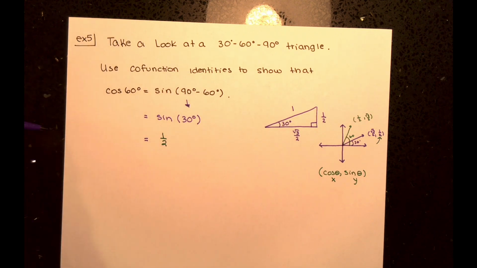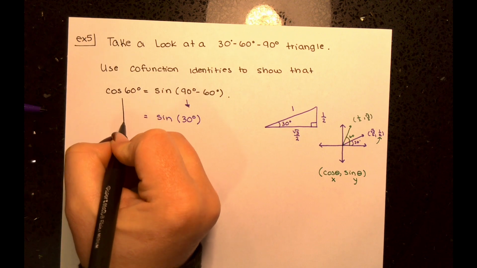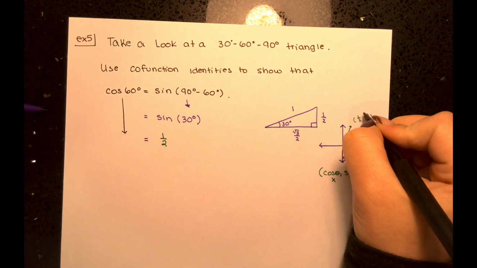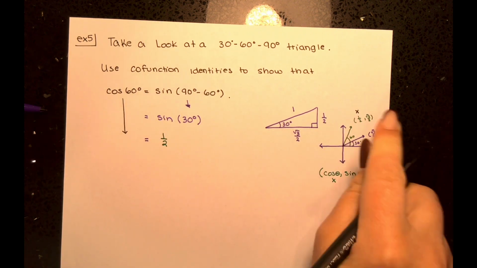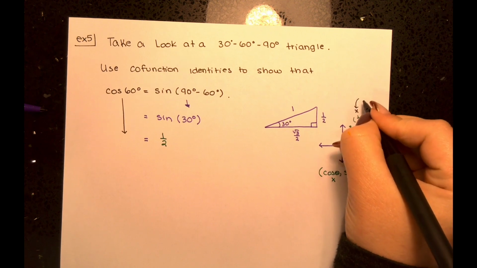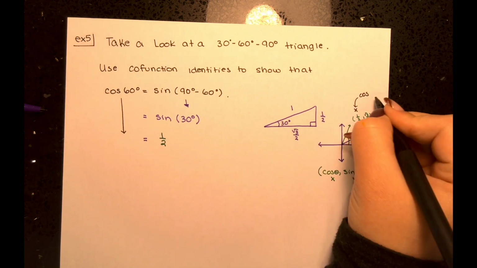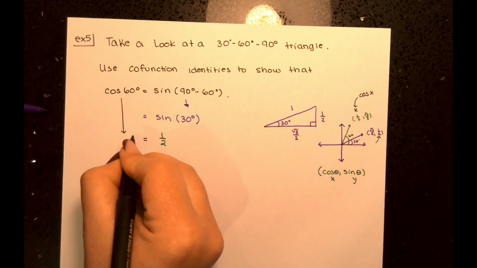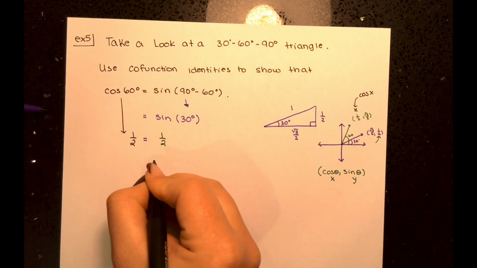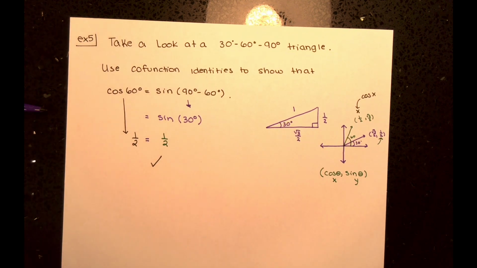And then let's deal with cosine of 60 degrees. Cosine of 60 degrees is also 1/2. So because they are equal, we have proved that cosine of 60 degrees is the same thing as saying sine of 90 minus 60.